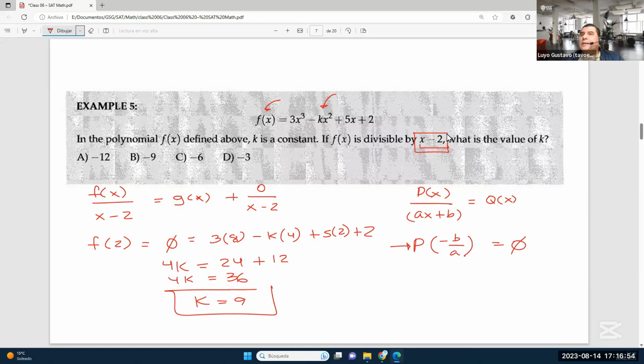Okay? Let's see if you can use the concept to solve the next question.